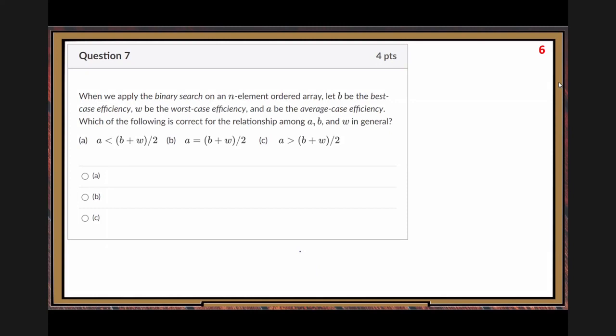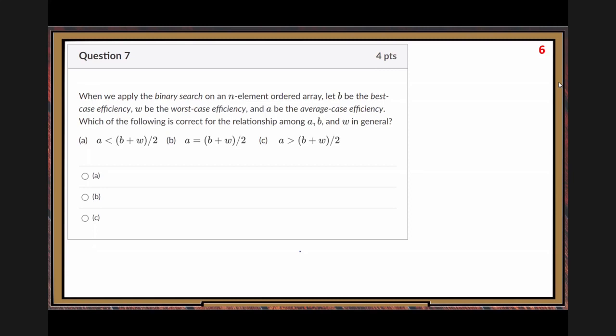Some student asked me this one. My recommendation: draw a diagram to see better. Some students just look at the formula and couldn't figure it out. I try to understand the psychology of those students, because they feel binary search, the cases could be very complicated.